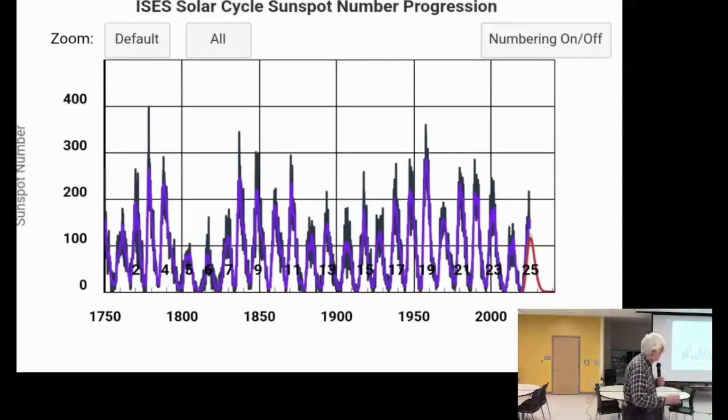Okay, here's the solar cycle progression from 1750 to present. You can see there's quite a bit of variation in amplitude. There's also a little variation in onset, whether it goes from 10 years to 13 years.